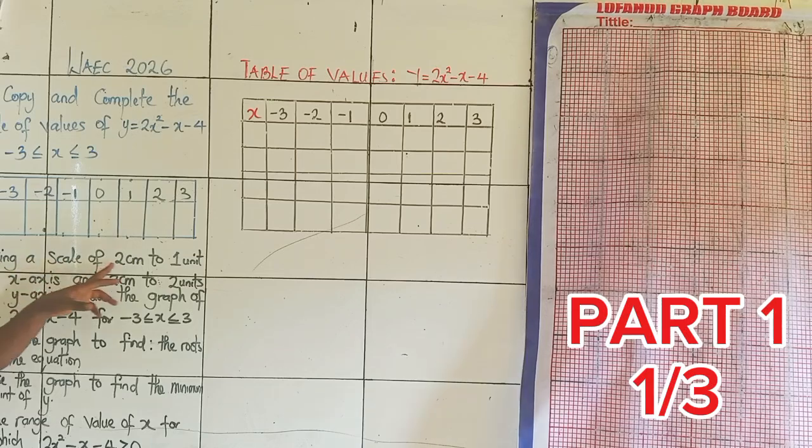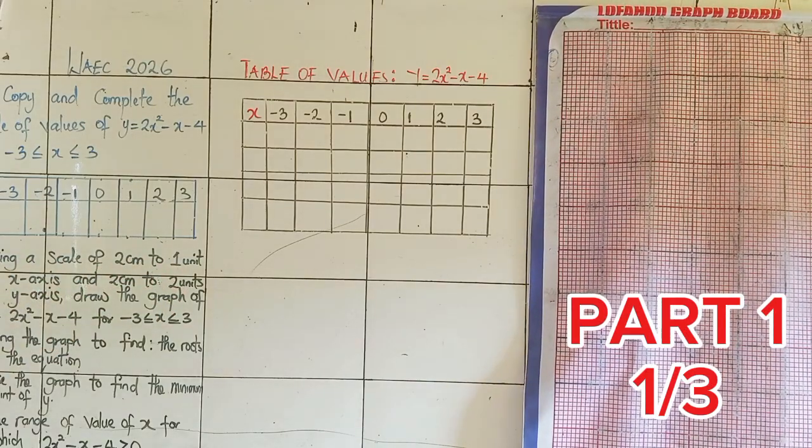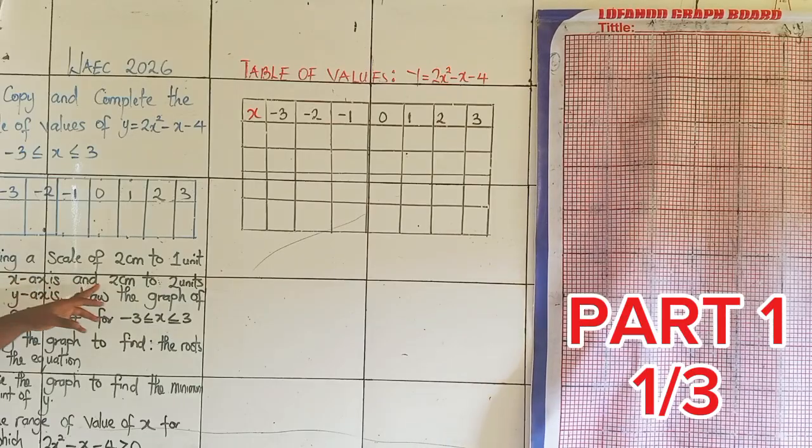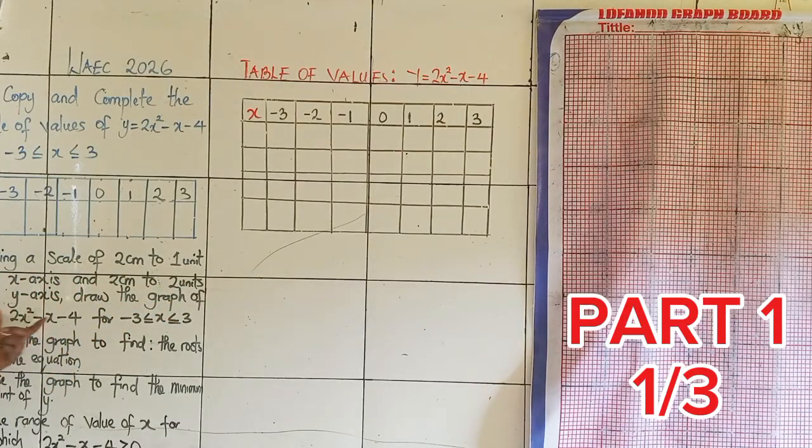Using a scale of 2 cm to 1 unit on the x-axis and 2 cm to 2 units on the y-axis, draw the graph for this range. Also, we are asked to use the graph to find the root of the equation. Then these other questions follow.